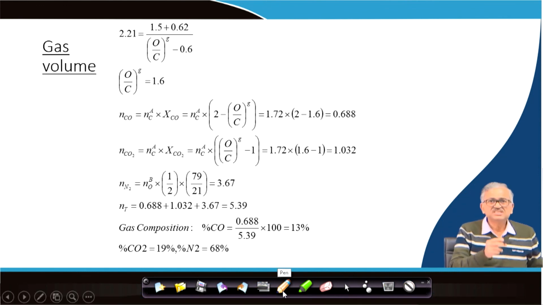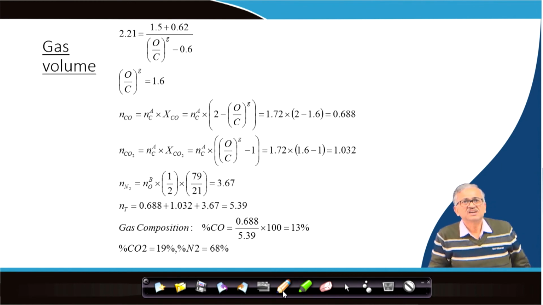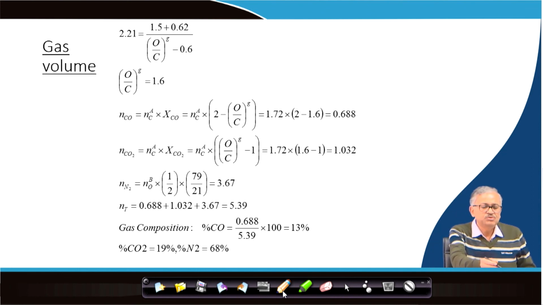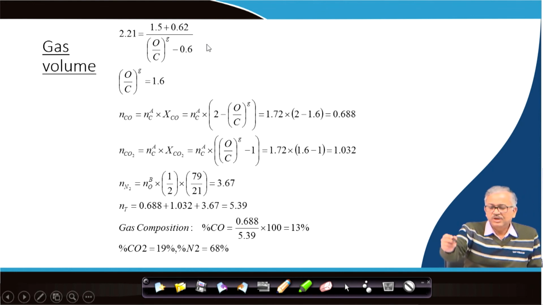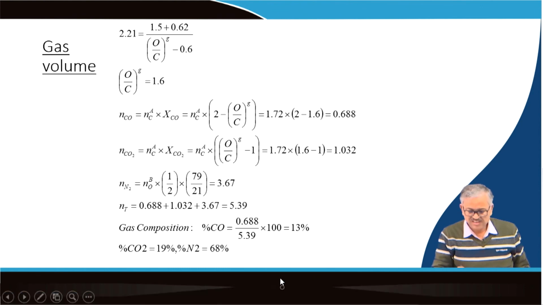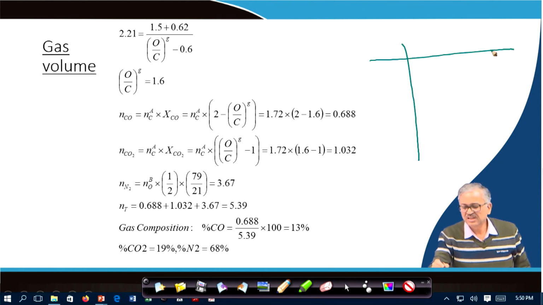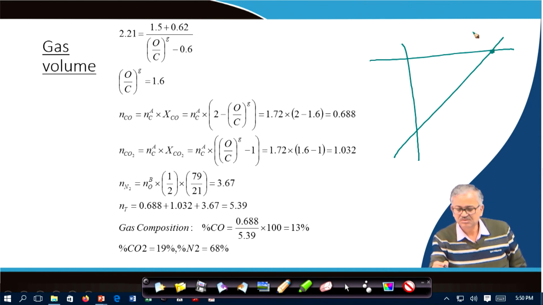Okay. So, next, you got the gas volume, and then you have to calculate the gas composition. Again, similarly you can do that from the coke rate, and from this point, that is the O by C in the exit gas, comma 1.5.